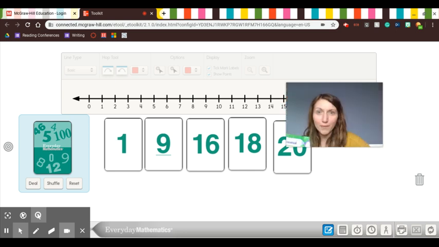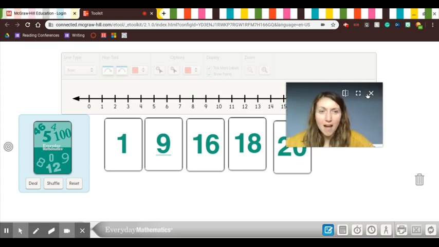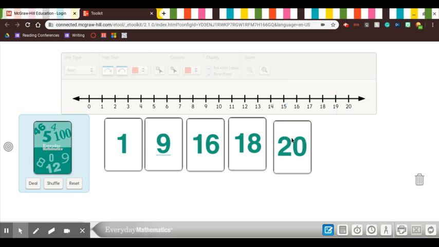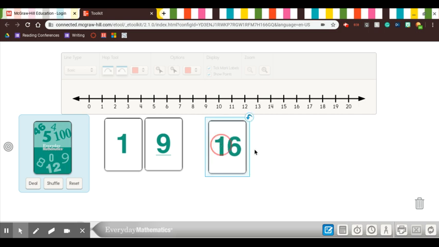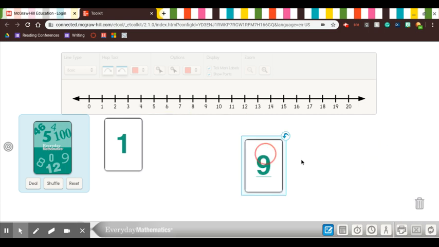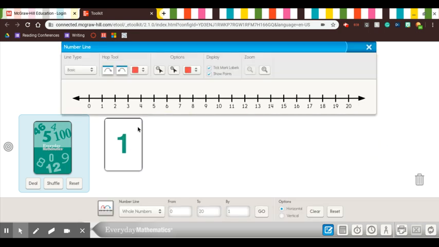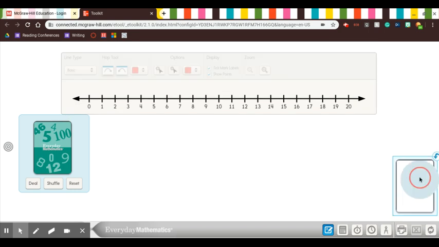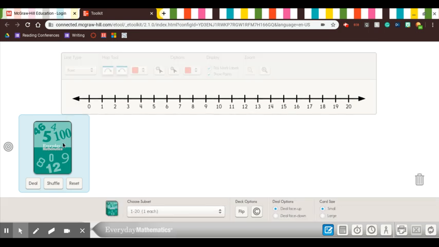All right, who's ready for the next one? Let's clear this off and let's do it again. Let me get rid of each card, and then we're going to deal 5. This time I'm going to give you a moment to do it by yourself, and then I am going to do it after. All right, so help me count. 1, 2, 3, 4, 5.